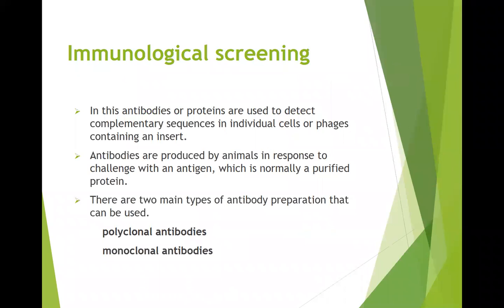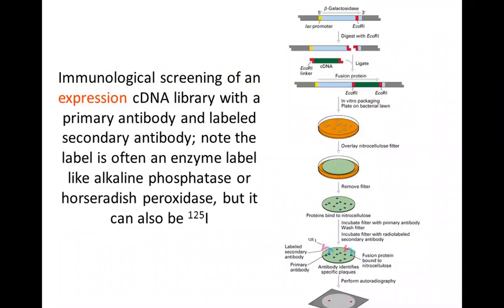Similarly, we also have immunological screening. Here the same principle we recently discussed when we were discussing Western blotting. Here you digest that with EcoRI, then you allow your gene of interest to be incorporated, that will produce a fusion protein, and in vitro packaging can be done, then plate on the bacterial lawn.